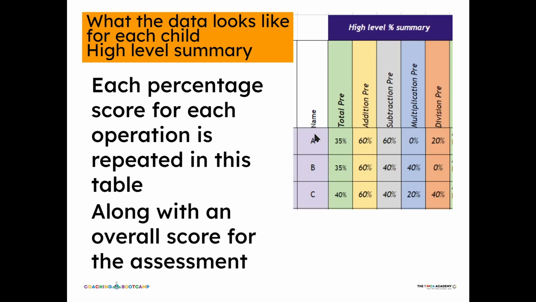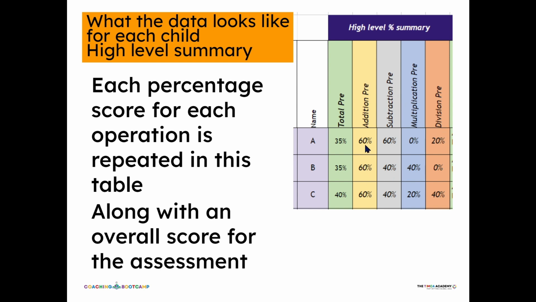So if we look at these children here, A, B, and C, we can see the total. So child A has got an overall 35% score for the assessment. Child B is also 35%. Child C has got a 40%. And then next to it, we've got the addition, the subtraction, the multiplication, and the division.